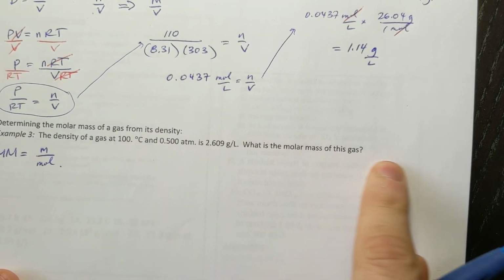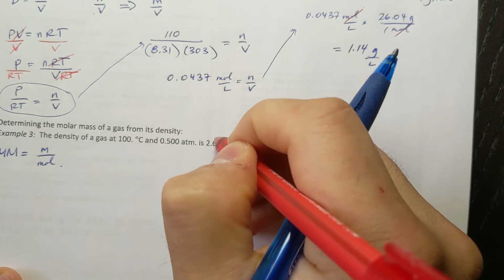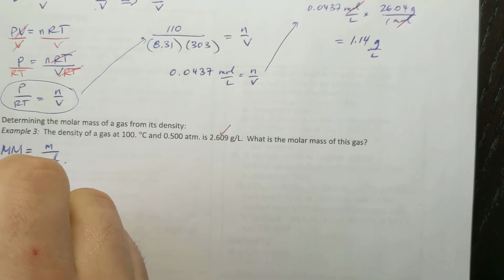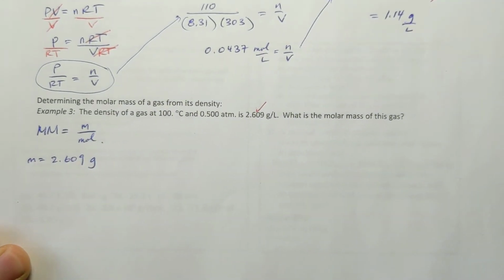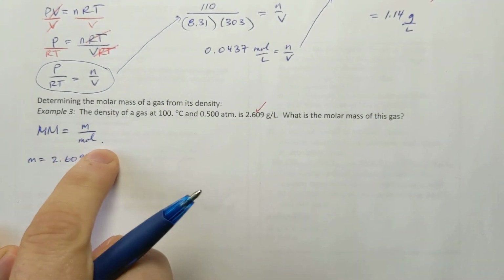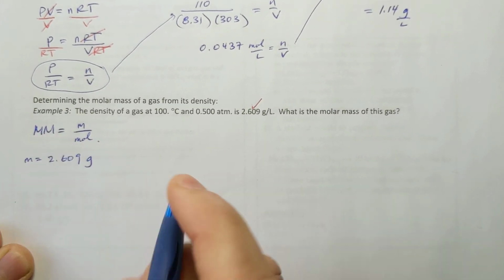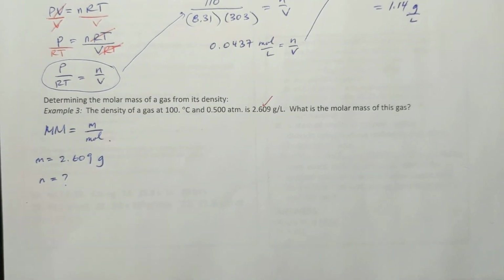If we look at this question right here, I have mass. Mass is equal to 2.609 grams, but I do not have moles. So I need to find moles in order to get molar mass. So how will I find moles? Well, I can use the ideal gas law.